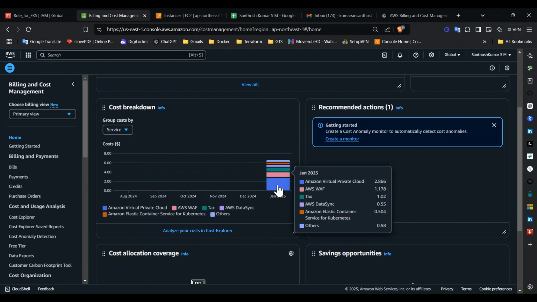I'm getting charged $2.866 for Virtual Private Cloud, $1.178 for AWS WAF, and so on. You can get a detailed idea about your billing.